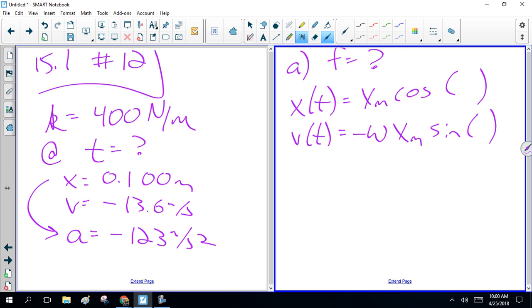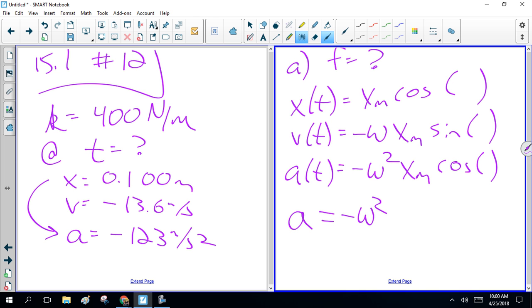When you take one more derivative, your acceleration at time t is negative omega squared times xm times the cosine of blah, blah, blah. So we discovered that the acceleration at any time t is the same as negative omega squared times the position at that time. Since I have one instant at which I know both my position and my acceleration, I ought to be able to find the corresponding omega.